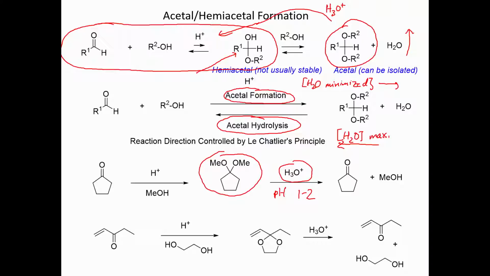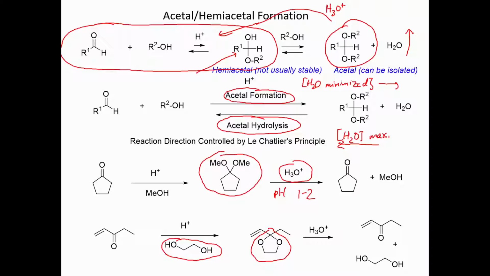So here we see another acetal formation equation. This is ethylene glycol. This is frequently used to make acetals. This is a particularly stable acetal because it's cyclic, and the last step in the mechanism we're going to see is intramolecular, and that's somewhat favorable, and its hydrolysis produces the original ketone plus ethylene glycol.